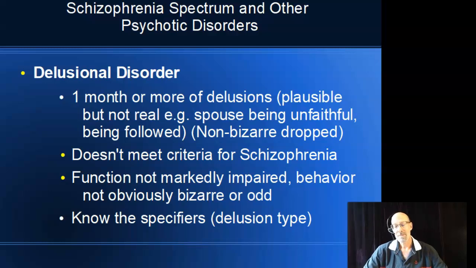The delusion, who's to say what's bizarre or not? So they dropped that. So he thinks there's a master spy following him. Is that bizarre? You tell me. I don't know. It's a delusion. So there's different types of delusional specifiers. When you go through your DSM-5 criteria, pay attention to the specifiers for Mr. Horn's disorder.